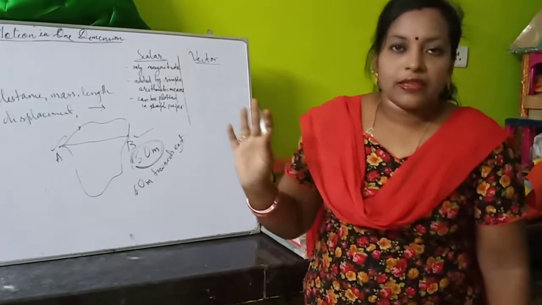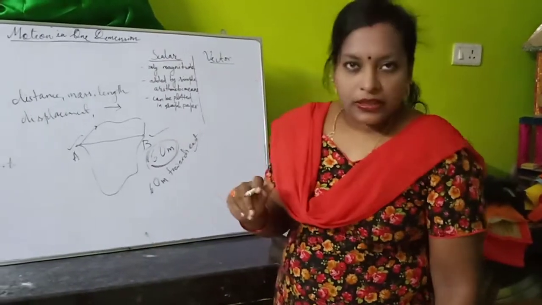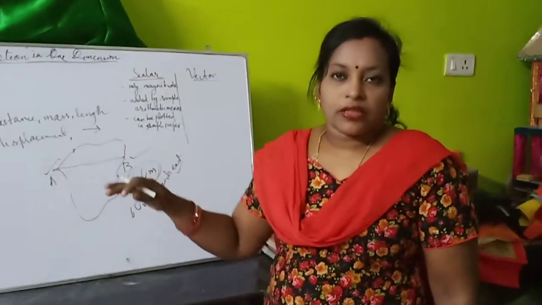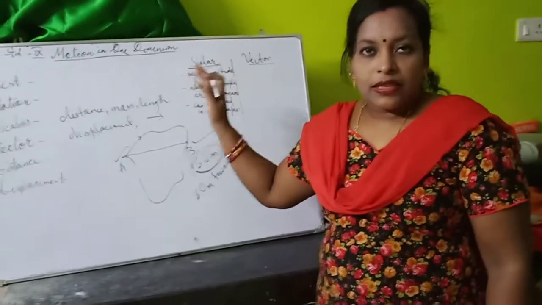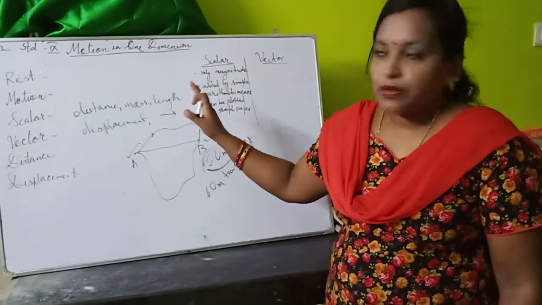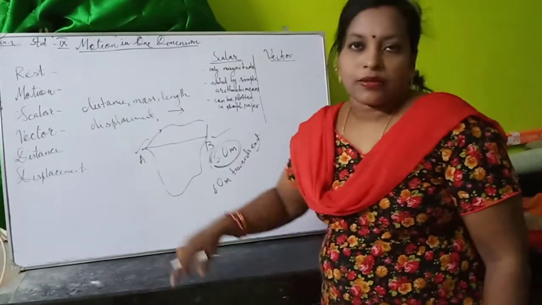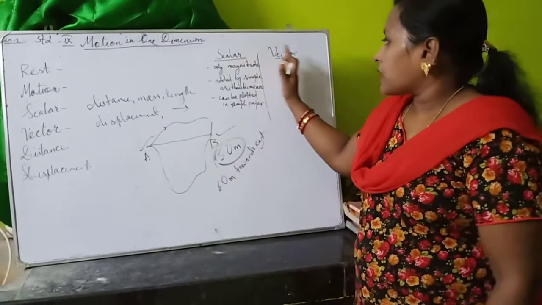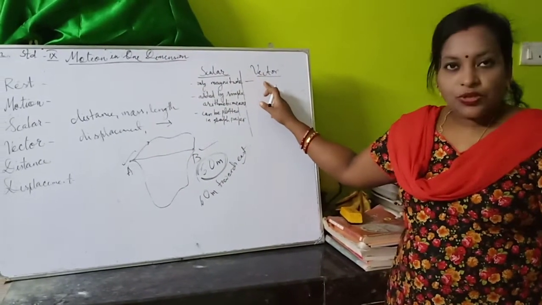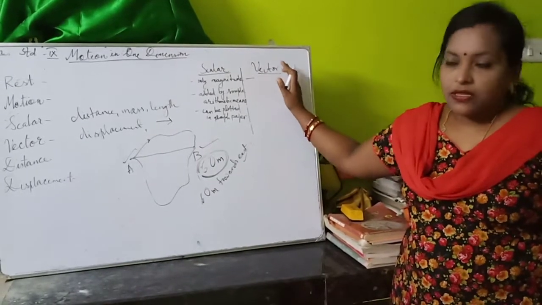So now I will tell you three differences between scalar quantity and vector quantity. First of all, according to the definition, distance requires only the magnitude for its expression because it comes under scalar quantity. So what will you write for vector quantities? Both magnitude and direction are required to express this quantity.